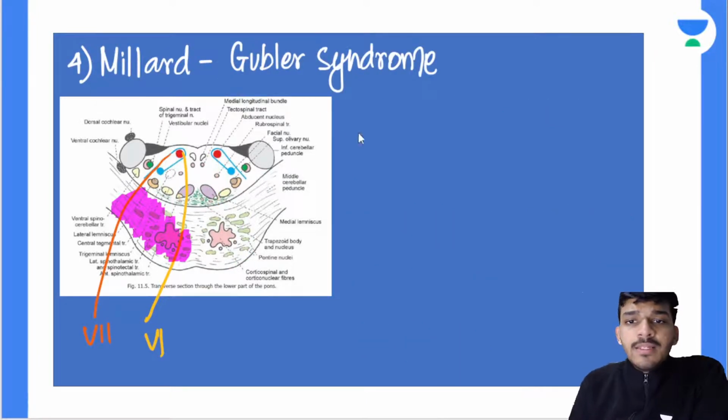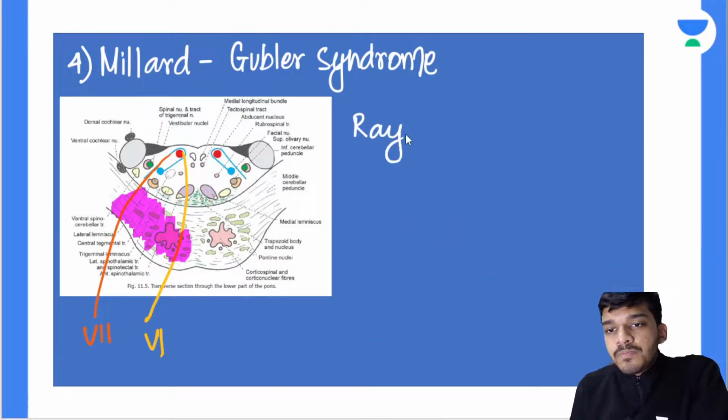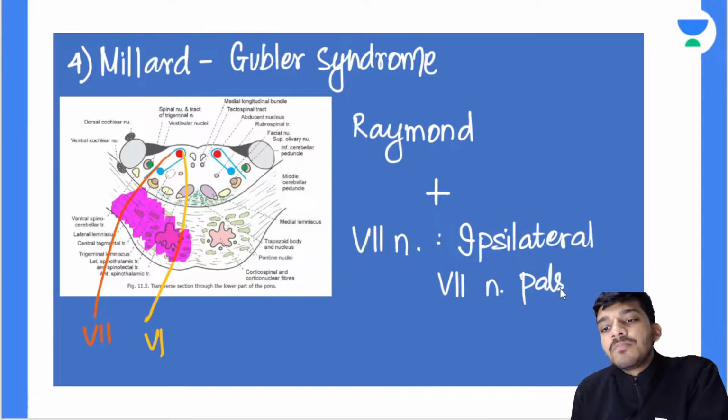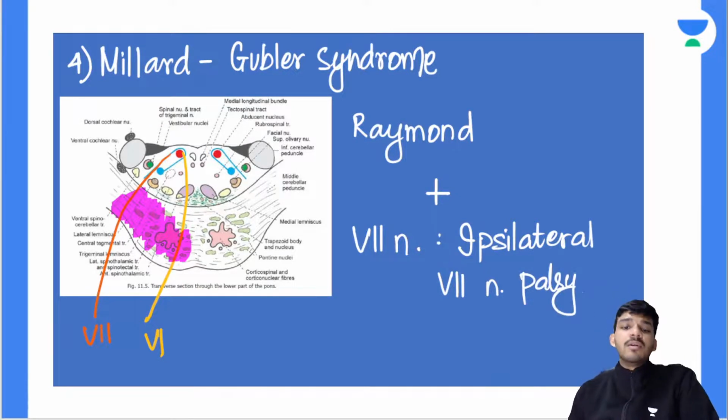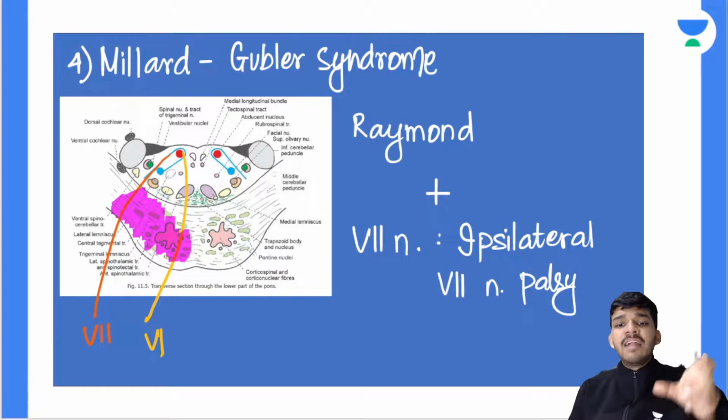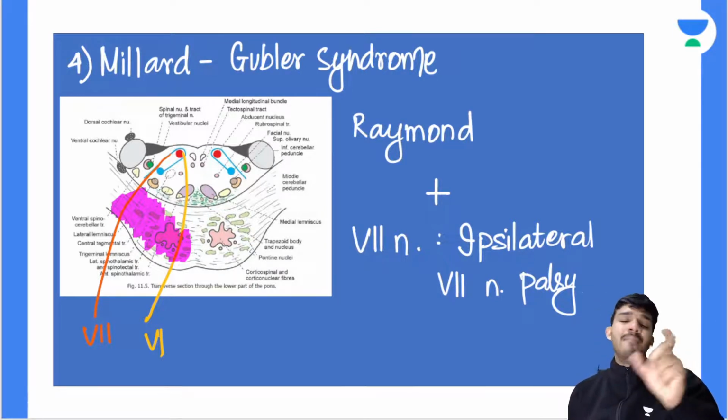So it is basically Raymond syndrome plus facial nerve involvement, which leads to ipsilateral facial palsy. Raymond syndrome is nothing but a simpler form of Millard-Gubler. So Millard-Gubler is Raymond syndrome plus ipsilateral facial paralysis due to damage of the facial nerve.